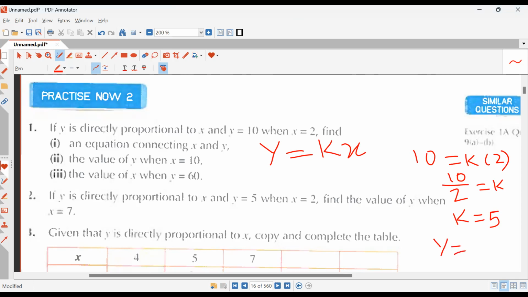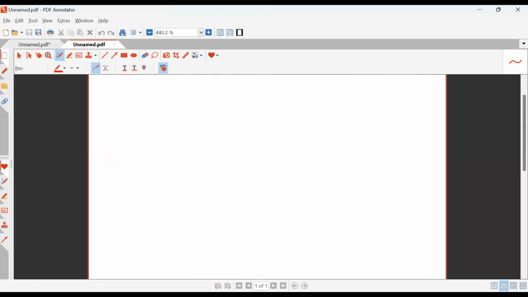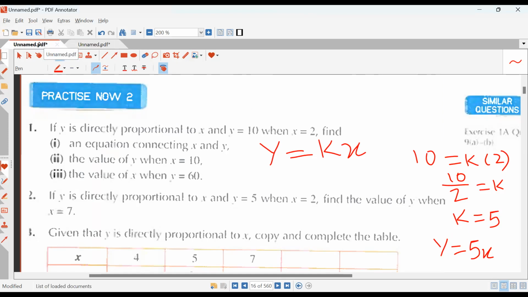Y equals to 5x. Then it says in the second part, let's do this on another paper. Y equals to 5x. Then in the second part, it says, find the value of y when x equals to 10.